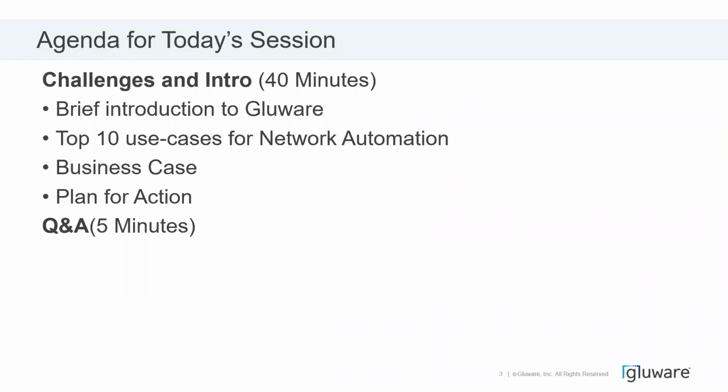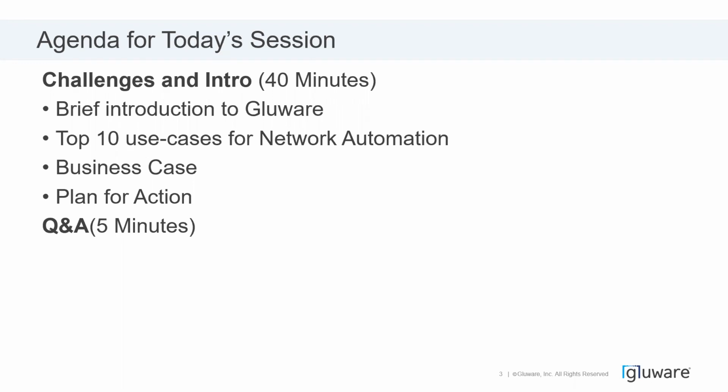Very quick agenda slide here. I'm going to introduce you to Gluware just so that it helps set up the framework, or your understanding of what Gluware does, what it potentially doesn't do. And when we approach the use cases, you can correlate the functionality Gluware brings to the piece of Gluware that actually delivers that functionality. So I think it will be a good baseline of understanding as we jump into the next part, which is really the heart of this content, the top 10 use cases for network automation here in 2020.